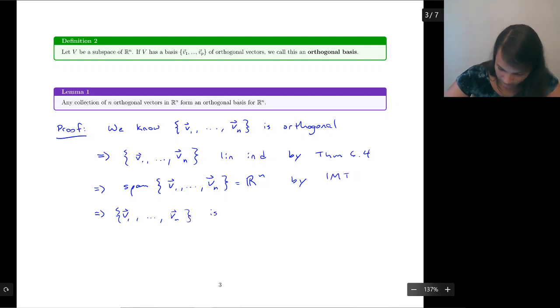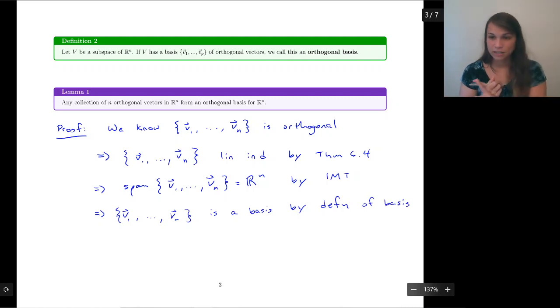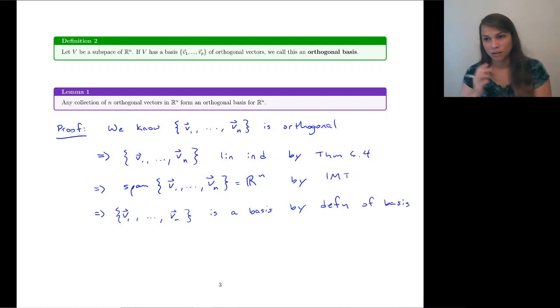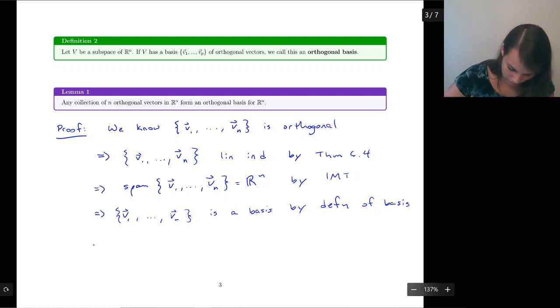So this is a basis by definition of basis, because it was linearly independent and the span generated all of Rn. And then we already know it's all orthogonal.